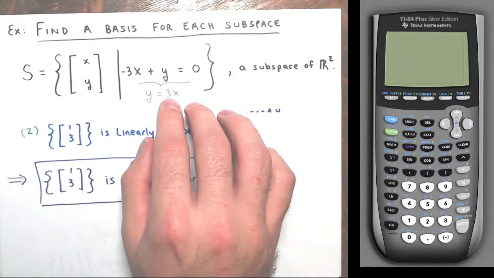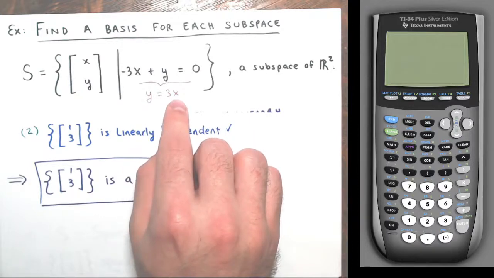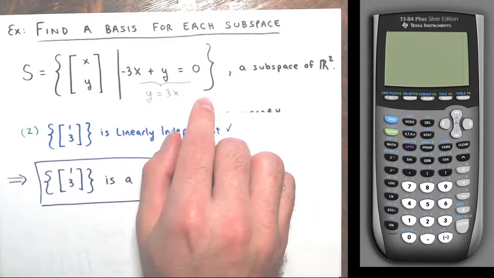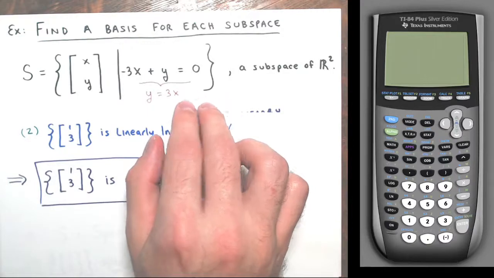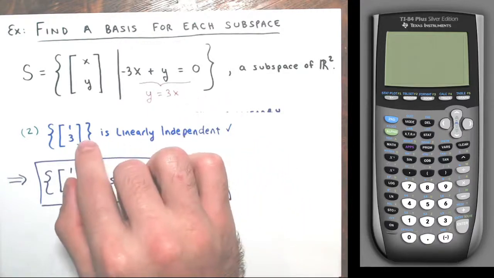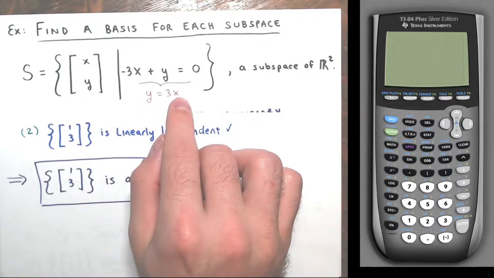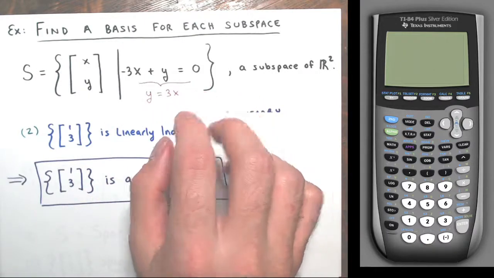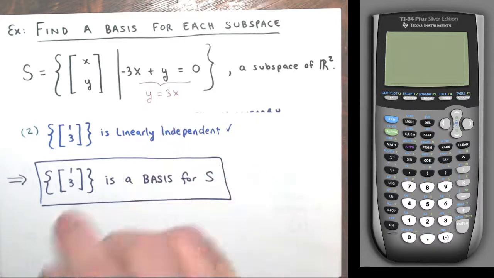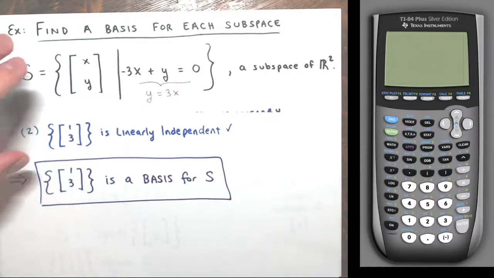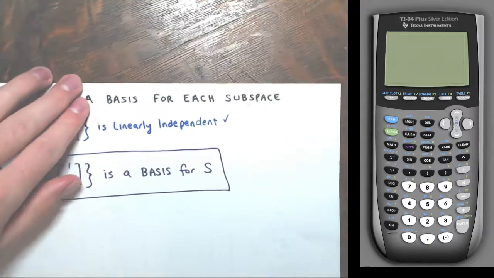So if you solve for a variable, the number of variables it depends on, those are the free variables. And what you're going to notice is that the basis will have the same number of vectors as the number of free variables on the other side of the equation. When you solve for one of the particular variables, you'll see what I mean in the third example I've got here as well.